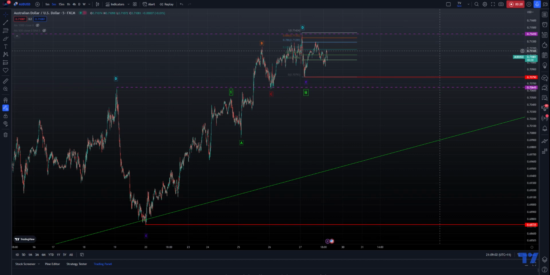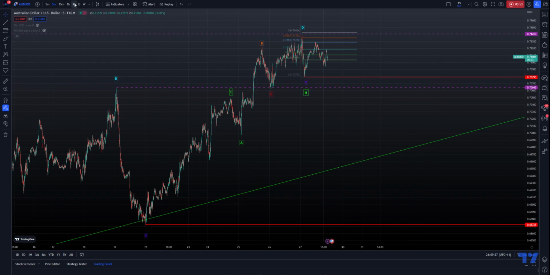So we're stuck in the middle of two very important levels right now. As I said previously, we are probably going to remain in this area until we break out of it, right? We're consolidating at the highs, which indicates strength in the market. We're also in between the two breaks of E waves.